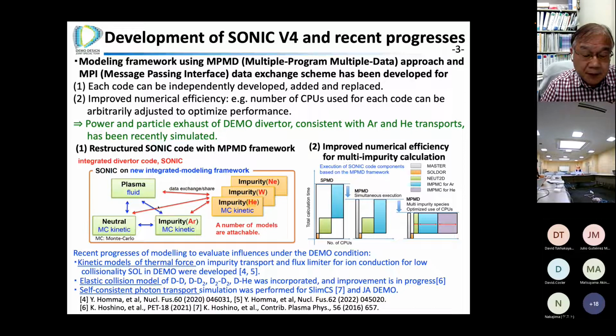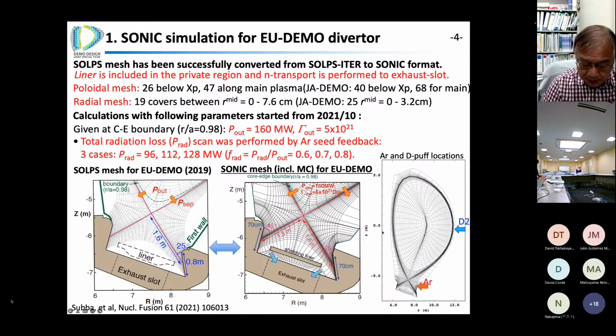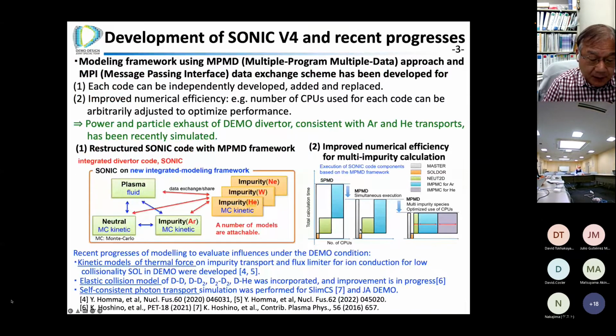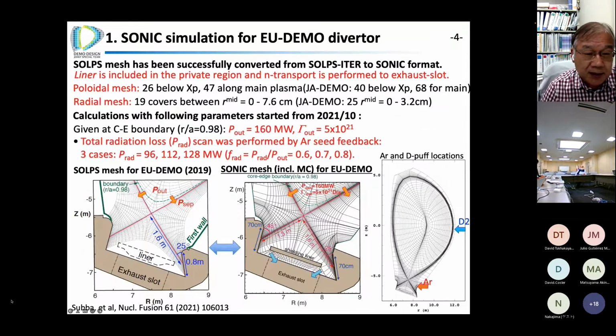So first, we can use it for multi-impurity calculations. At the same time, we can arrange the computer nodes efficiently. The modeling development is as follows. I won't explain it here. That's the first topic.